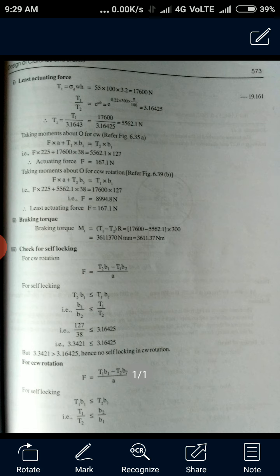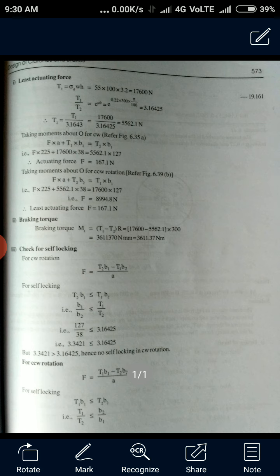Substituting values, you get F equal to 8994.8 Newton. So we have to select the least braking force. Out of these, for clockwise you got 167 and for counterclockwise you got 8994.8.